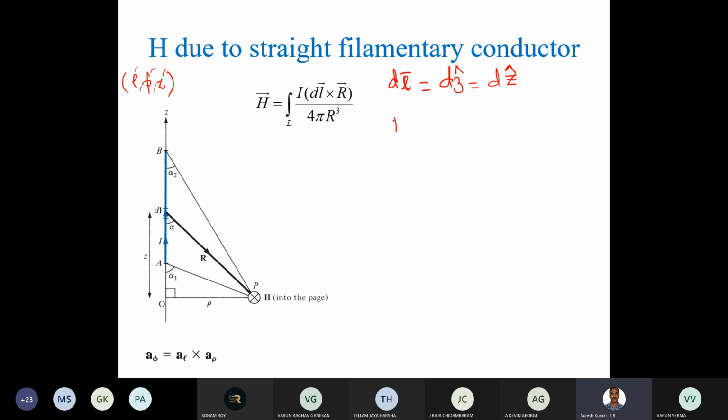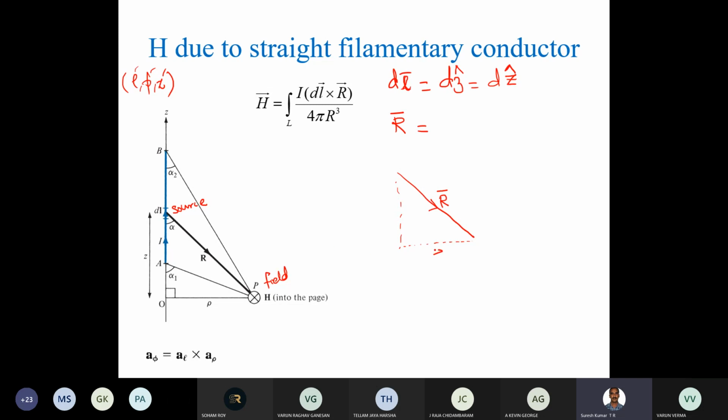What about the R vector? The R vector connects the source to the field point. This point is the source, and this is the field point. How will you find the R vector? Write the R vector in terms of tangential and normal components. Complete this triangle.